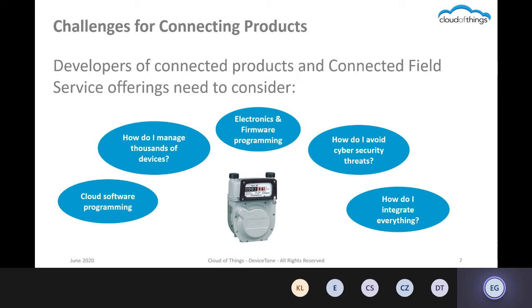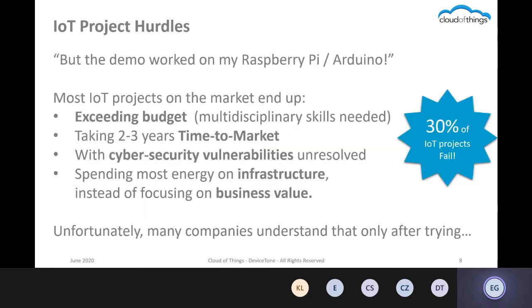We visit product companies, they want to do it, and many times it's not very easy for them because they don't have the multidisciplinary capabilities, and even if they have them, it takes much more time than they expected. Overall, we see a lot of product companies that have a demo on a Raspberry Pi or an Arduino, and now they start to understand that this is not the end of the project, just the beginning.